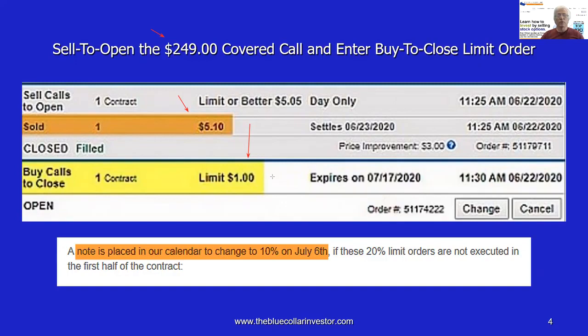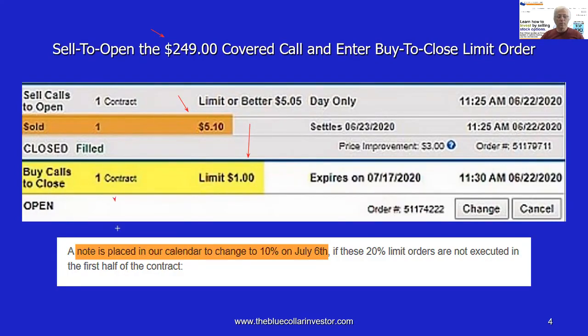Good until cancel means that until we change it, that order will remain in place. And if the share value of QQQ declines, bringing the value of that option down to $1 or less, that trade will automatically be executed. So we're partially automating this 20%, 10% guideline.